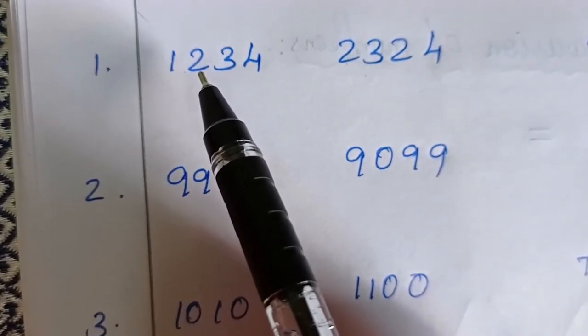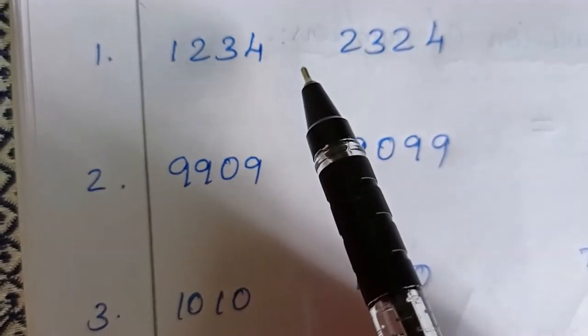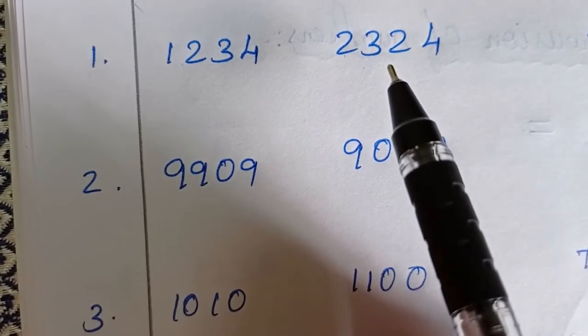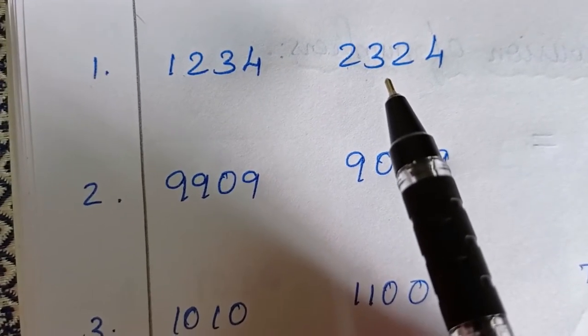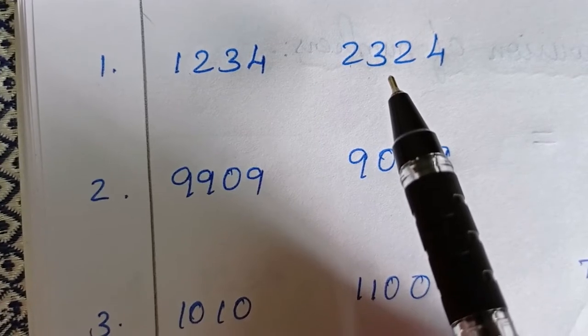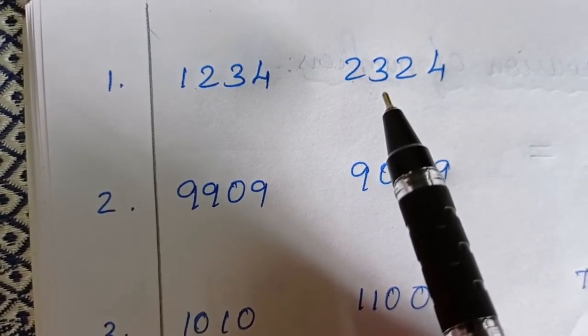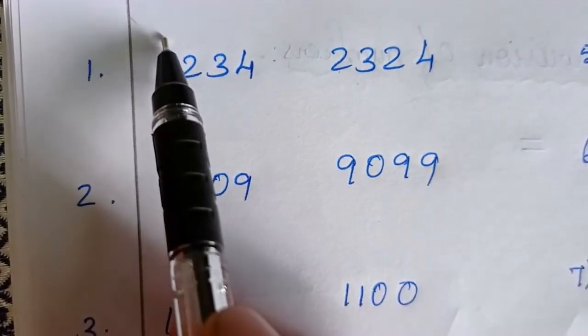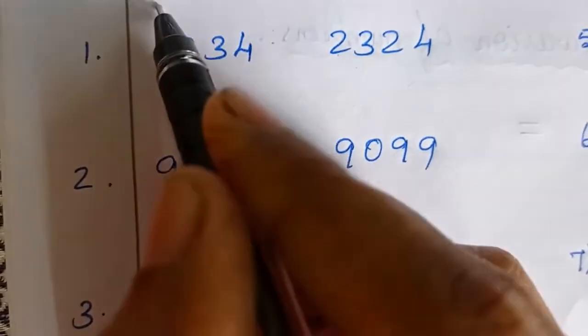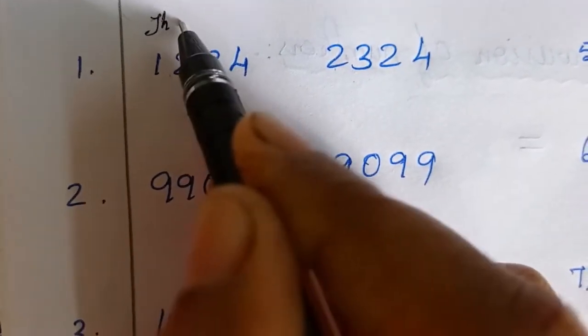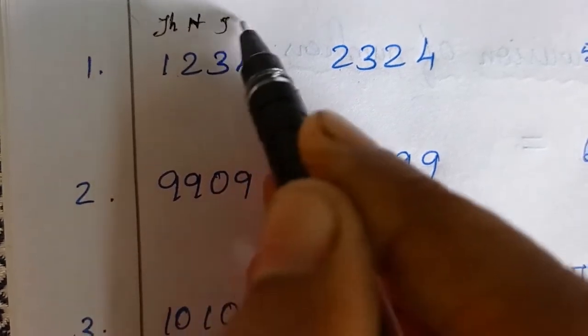If the two numbers have the same number of digits, what do you want to do next? Yeah, then compare the digits in the highest place value. Here the highest place value is thousands: thousands, hundreds, tens and ones.